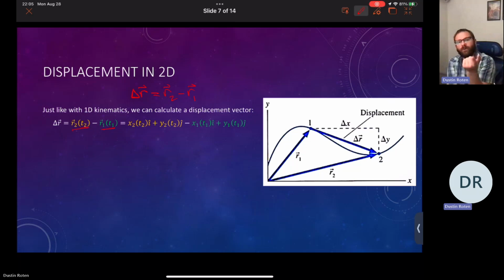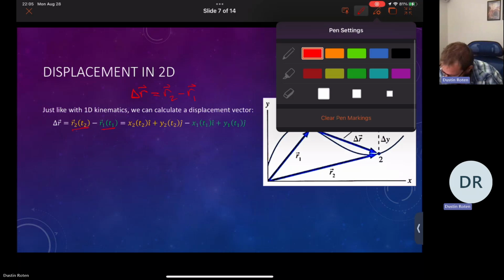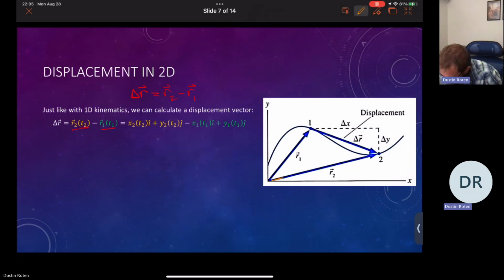Well, we know R2 is going to have an X and a Y component, right? So let's see if I can do this. I will do orange. So R2 here is going to have an X piece and it's going to have a Y piece. So that's going to be the i hat and the j hat directions.